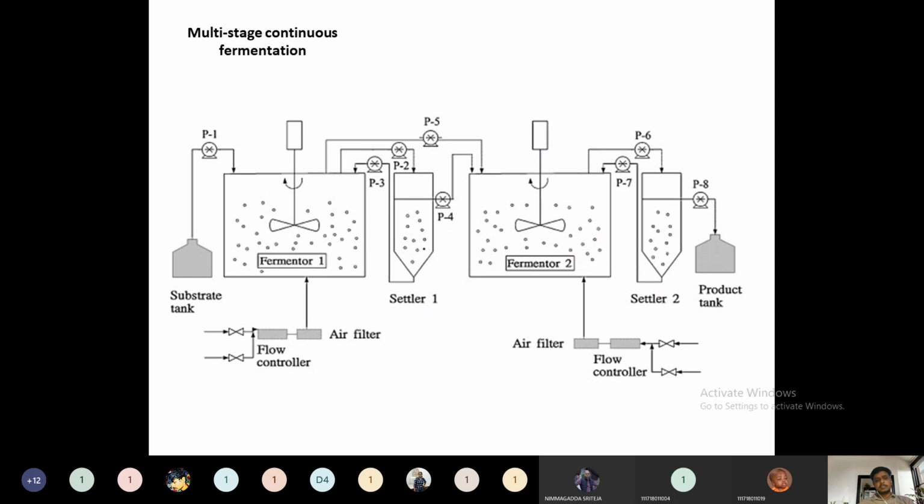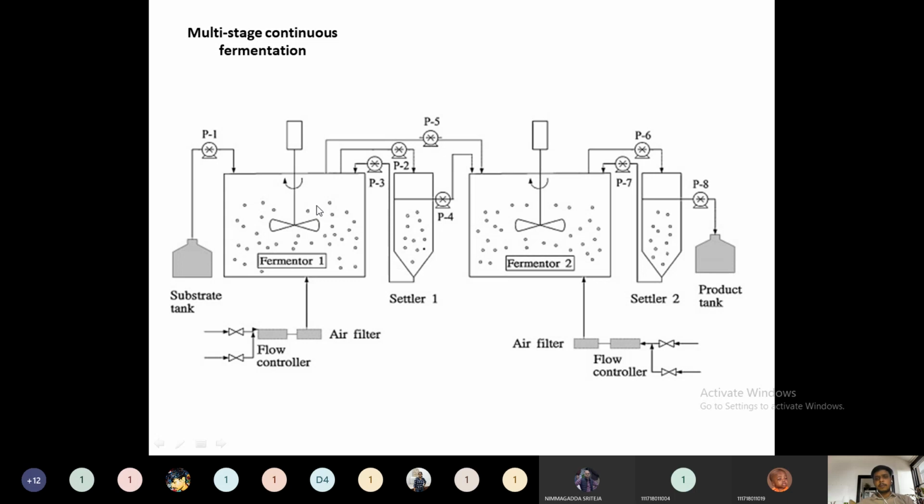Then the multi-stage continuous fermentation process. In the multi-stage fermentation process, you can see we can use two fermenters or more than one. Multi-stage is nothing but more than one fermenter being used. In this one, one type of microorganism is used in the fermenter.